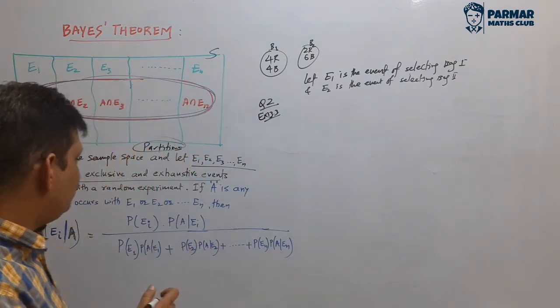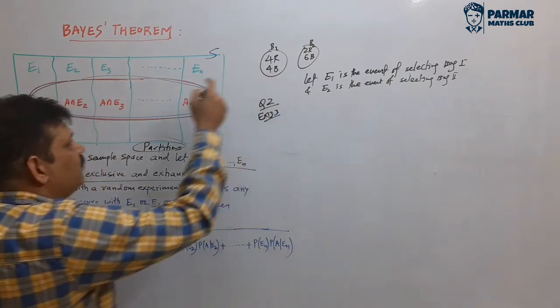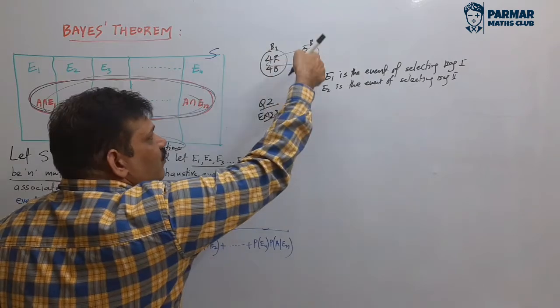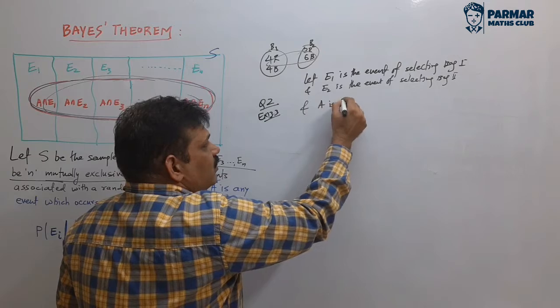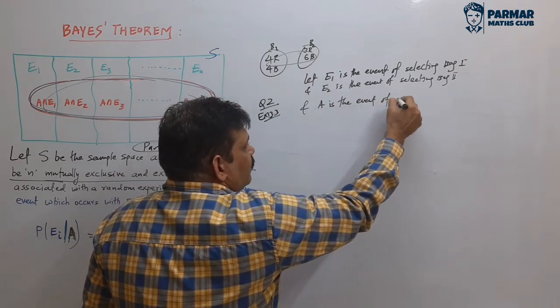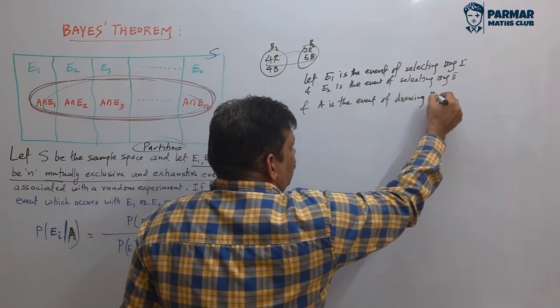Now it is known that A is an event. This red ball can be from bag 1 or from bag 2, and A is the event of drawing the red ball.